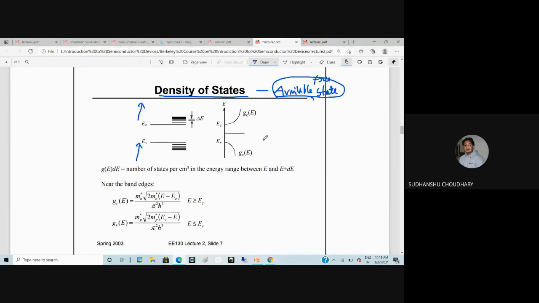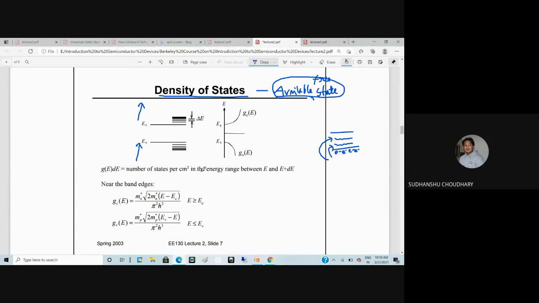Let us say between this energy level and this energy level, I have two states. These two states should be available. Let us say there are some electrons at this energy level, and we excite these electrons. They are energized, they get more energy, so they want to move to either this state or this state.